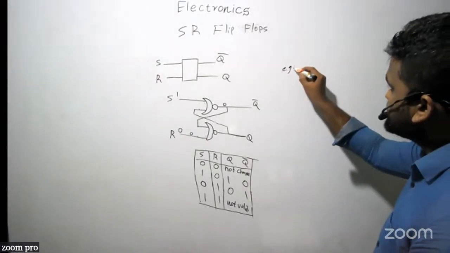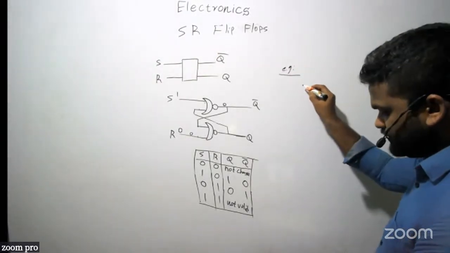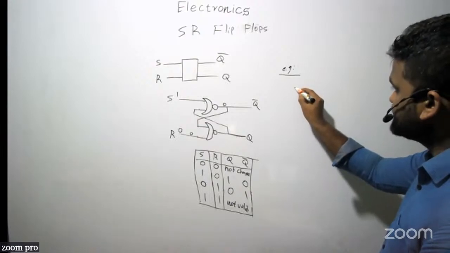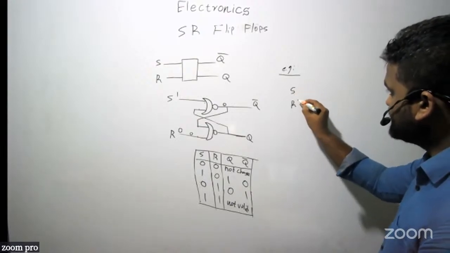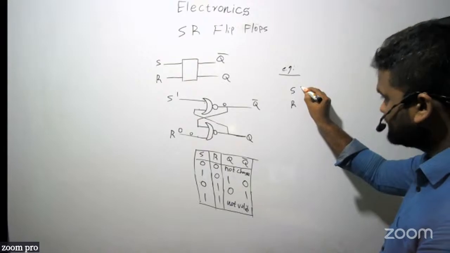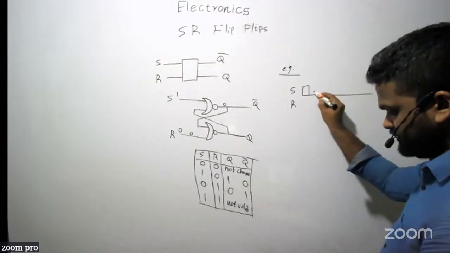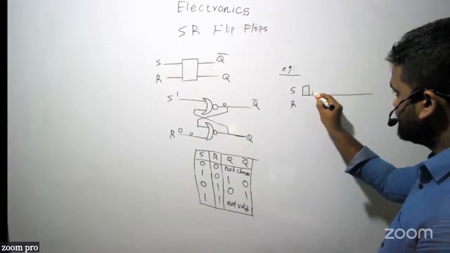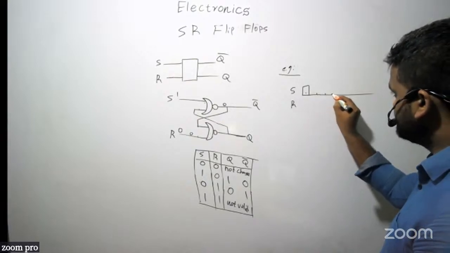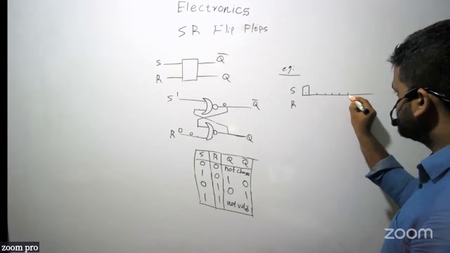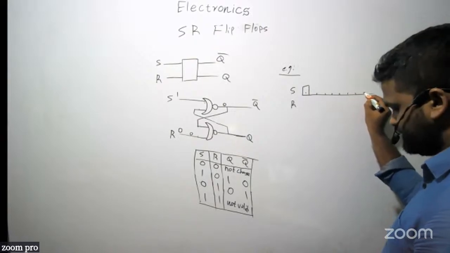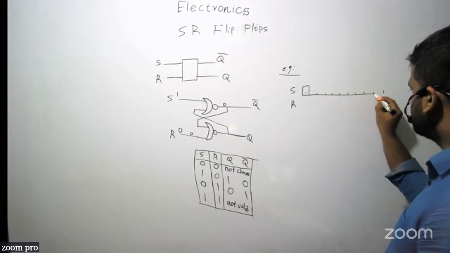For an example, you will understand when we discuss this one. Let's say you get two signals like this. Let's say this is 1, 2, 3, 4, 5, 6, 7, 8, 9, 10.